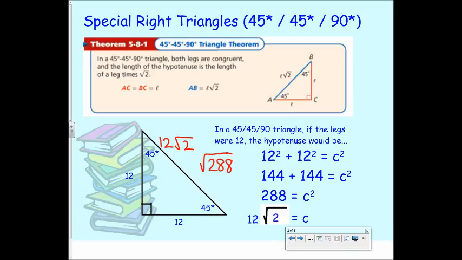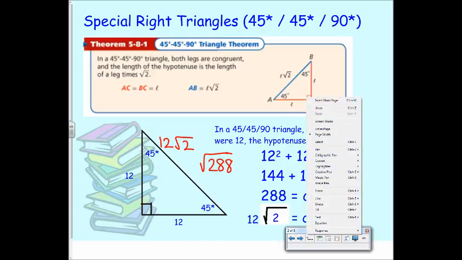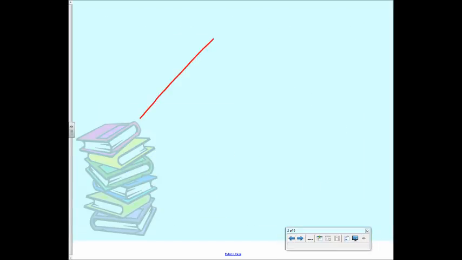So if I give you this triangle, and I say, this is a 45, 45 right triangle. If this is 7 and this is 7, what's this? 7 square root of 2. All right?